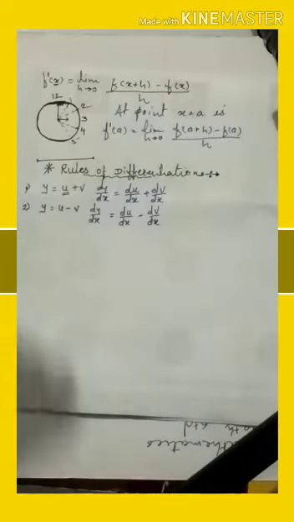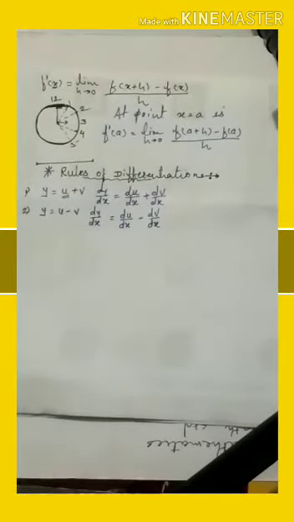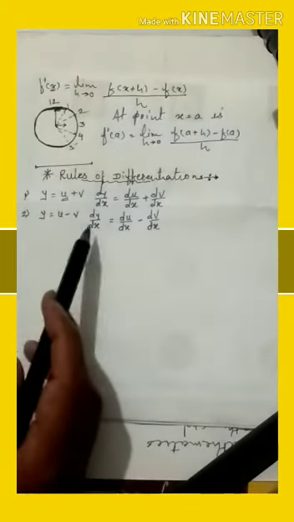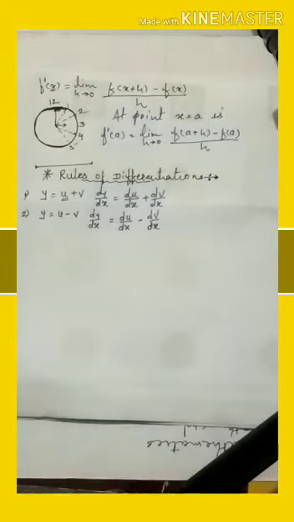It's very simple logic. If there is a plus in between u and v, then we will get plus in between du by dx and dv by dx. The same case will happen if y is equal to u minus v, then dy by dx is equal to du by dx minus dv by dx.